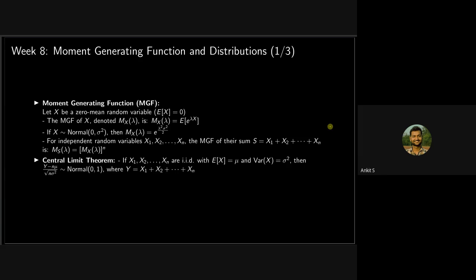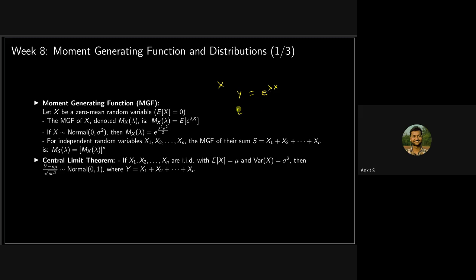Okay. So in week 8, we had two central concepts. One of them was moment generating functions, and the second was central limit theorem. So what is a moment generating function? Moment generating function was simply defined as the expected value of e raised to the power lambda x. So we have a random variable x, and we consider another random variable y equal to e raised to the power lambda x for some lambda.